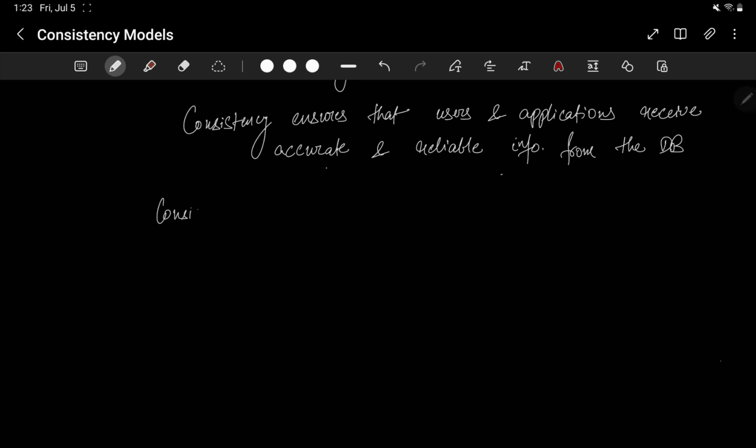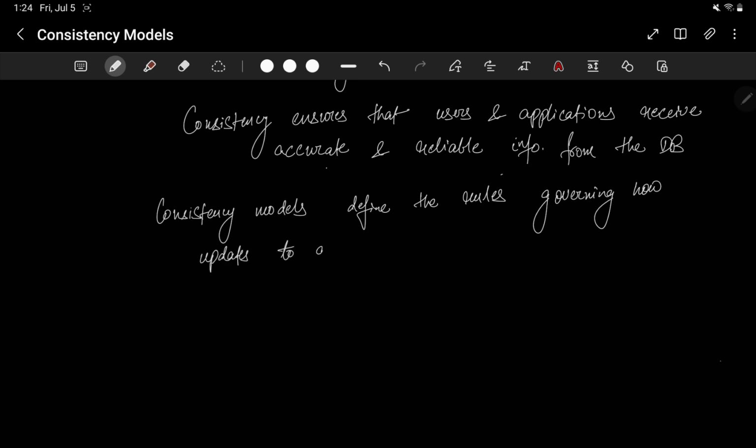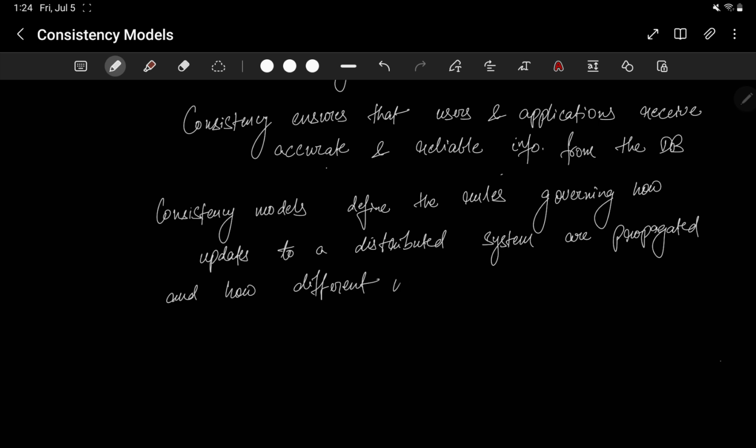Consistency models define the rules governing how updates to a distributed system are propagated, and how different nodes in the system observe those updates.